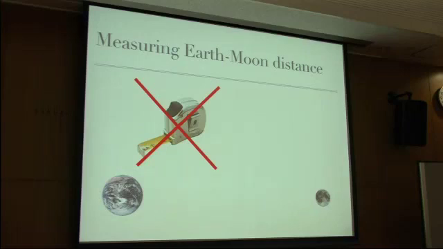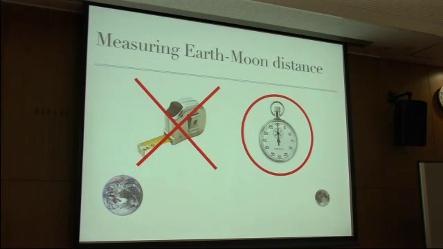So, the first question is, how long was a month? Anyway, do you have any idea to measure the distance between Earth and the Moon? Of course, it's impossible to measure the distance using a measure, you know. So, how to measure? Yes, we use time.